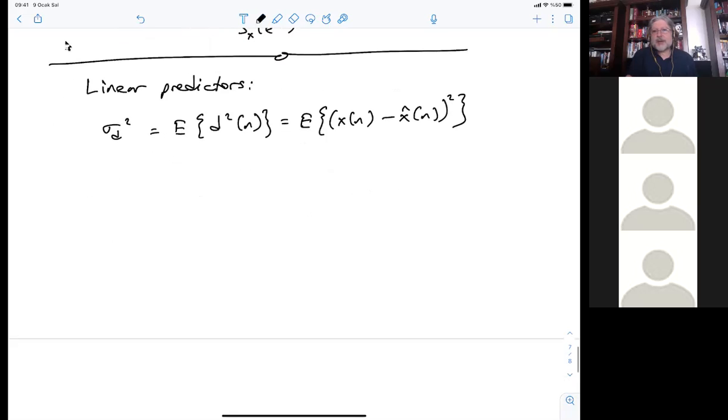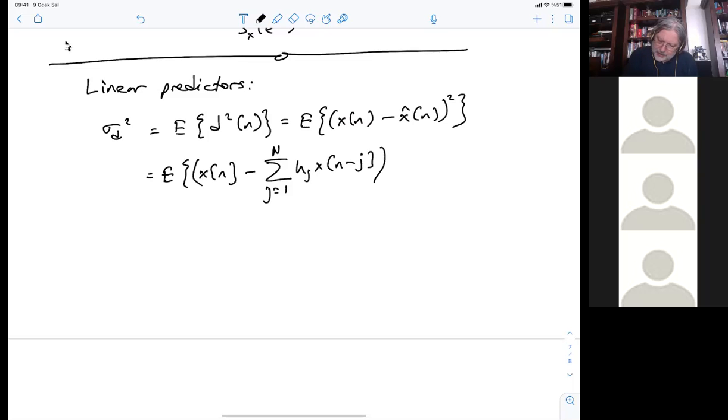And at this point, I will write it in a generalized form, like expected value of x of n, in parentheses, of course, minus a linear prediction version, like sum over j from 1 to capital N of h of j, x of n minus j. So this is the linear predictor that I'm applying, and the difference square is put inside an expectation operator.